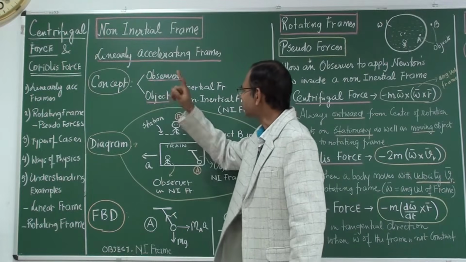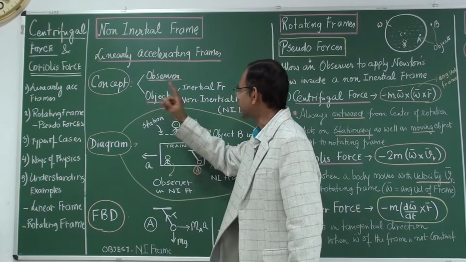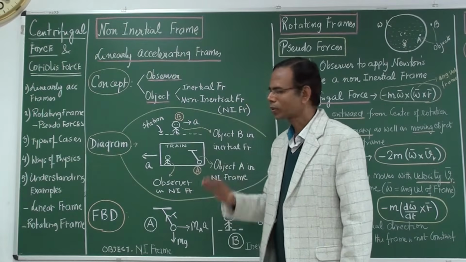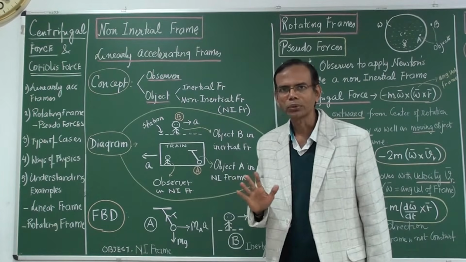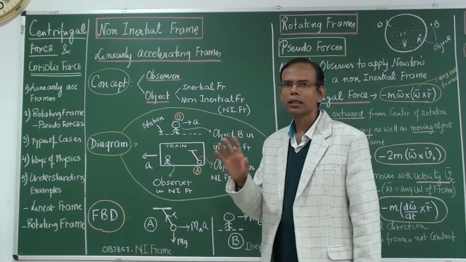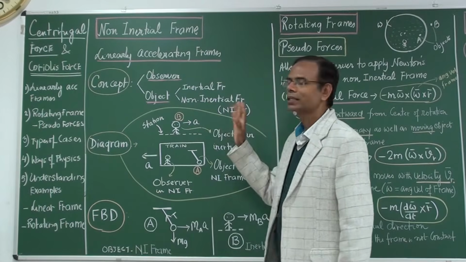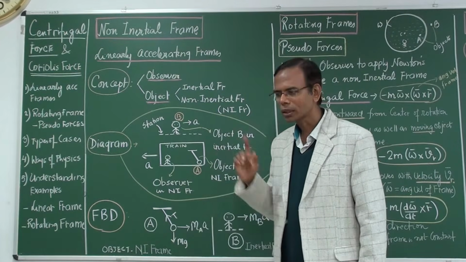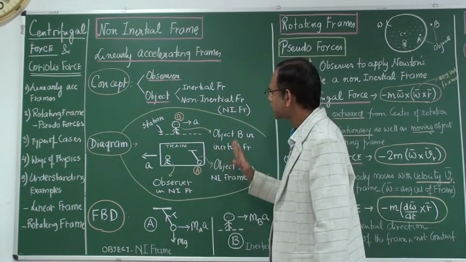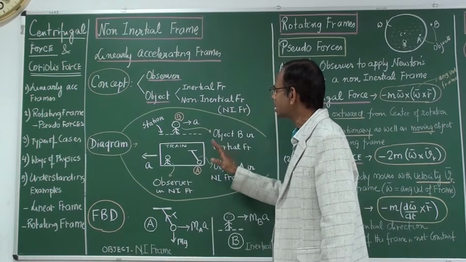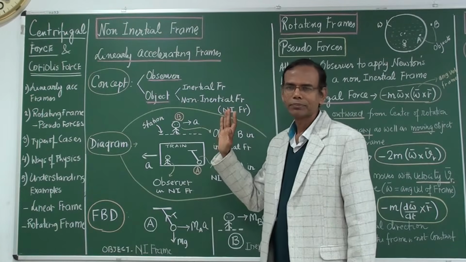The one is the observer and the second is the object. In all the cases that we are going to deal with, the observer is always in an accelerating frame, whether it is linearly accelerating or undergoing a circular motion.